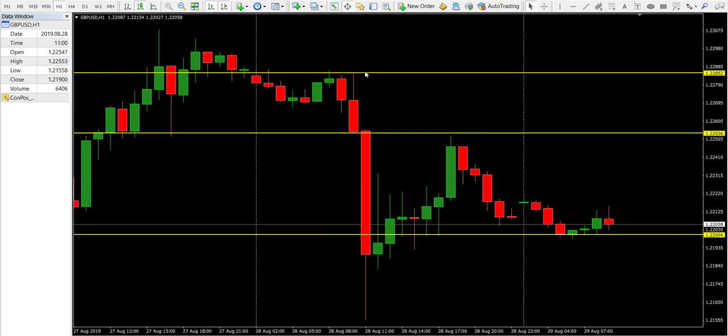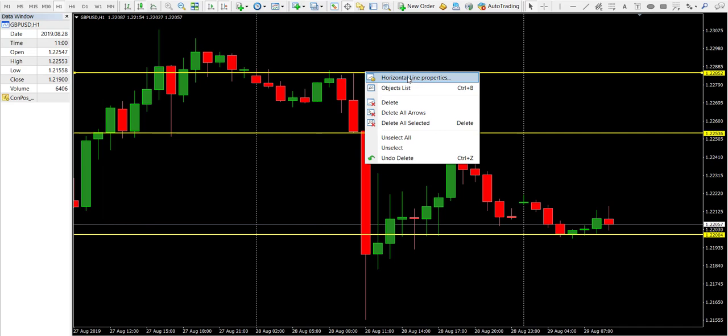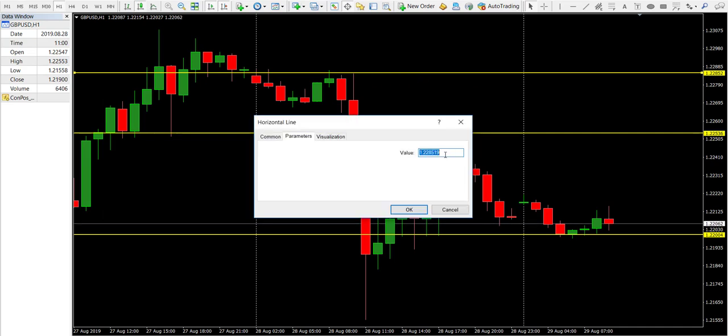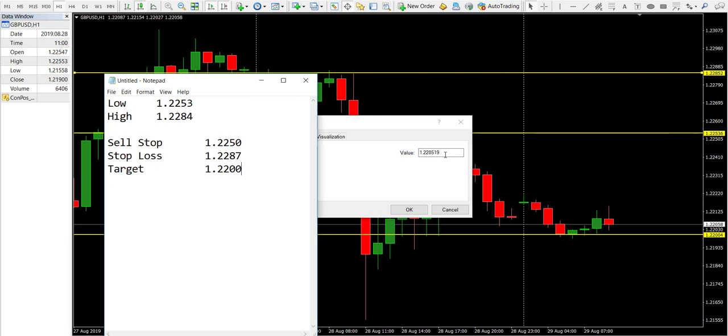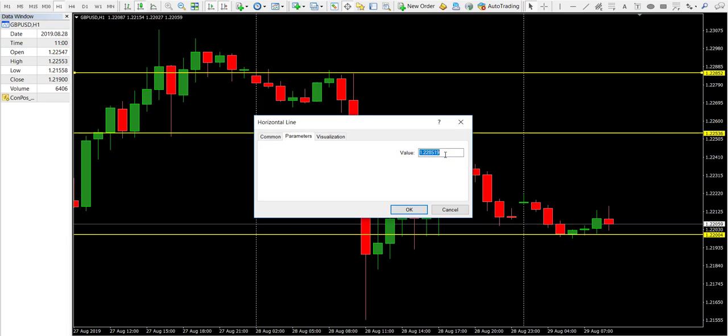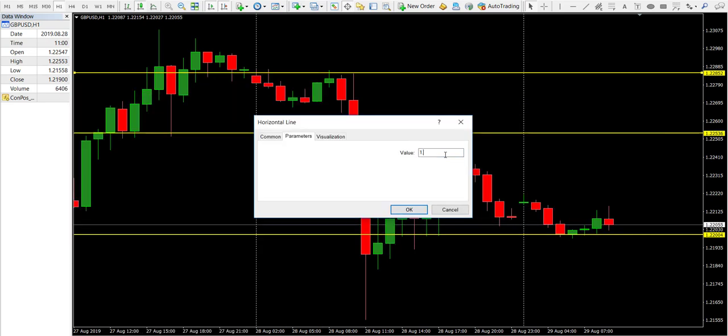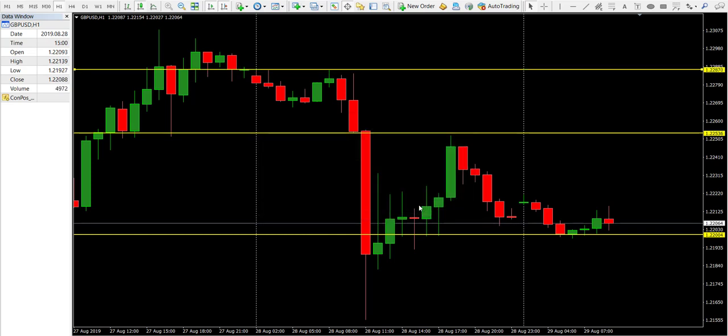Now here's a trick. I can double click on the horizontal lines and I can enter the value. So 1.2250 is the sell stop and 1.2287 is the stop loss. So I click OK.